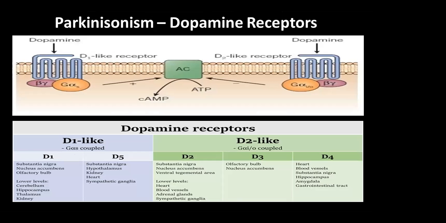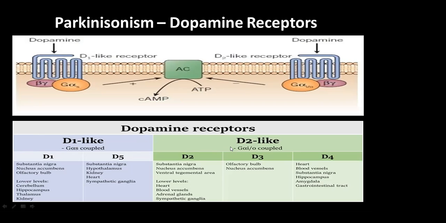For the dopamine receptors, that is also important to be discussed. We have 5 types of dopamine receptors, but they are grouped into two families, the D1-like and the D2-like receptors.